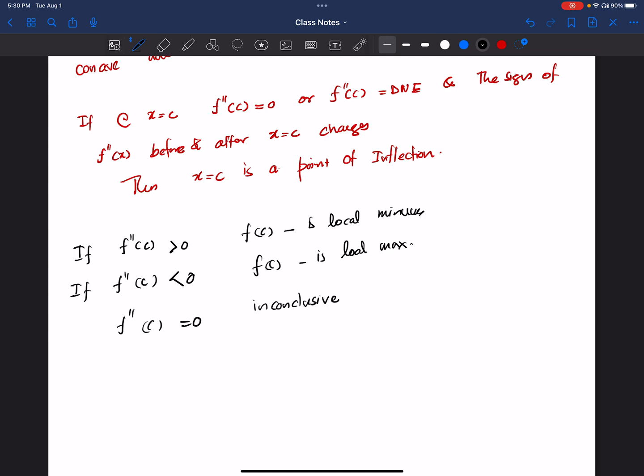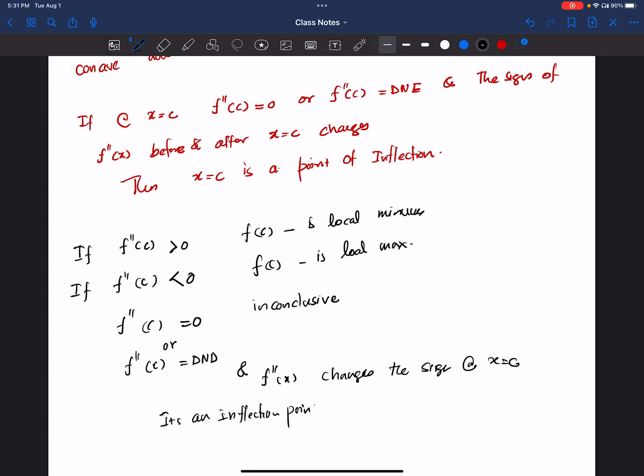Either could be a local minimum or maximum. But if f double prime of c is 0 or f double prime of c does not exist, and f double prime of x changes sign at x equals c, then it's an inflection point.